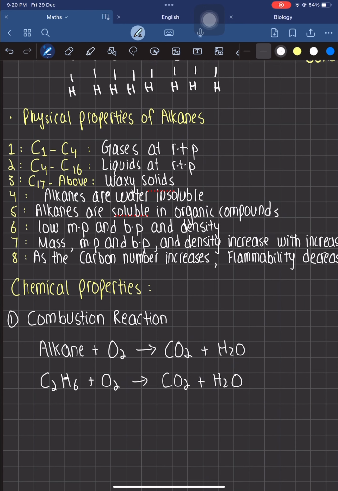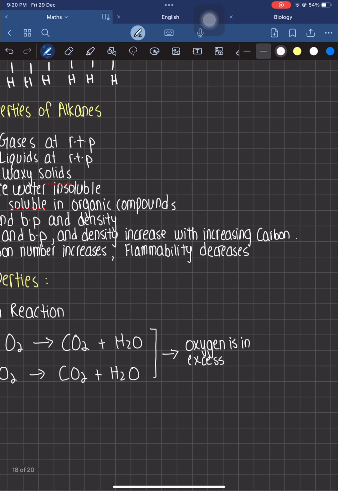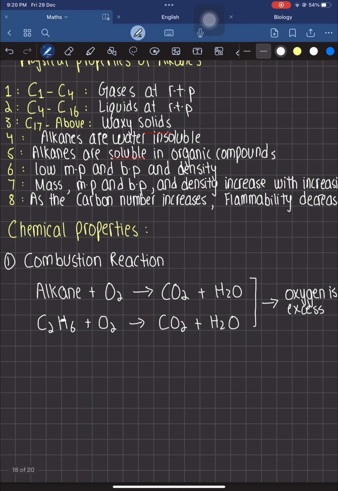But remember, I'll get carbon dioxide and water only if oxygen is in excess. If oxygen is not in excess, it will be a limiting factor, so complete combustion will not occur; incomplete combustion will occur. So mainly we have two types of reactions in combustion: complete combustion and incomplete combustion.